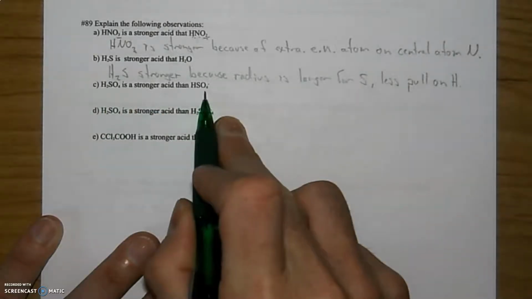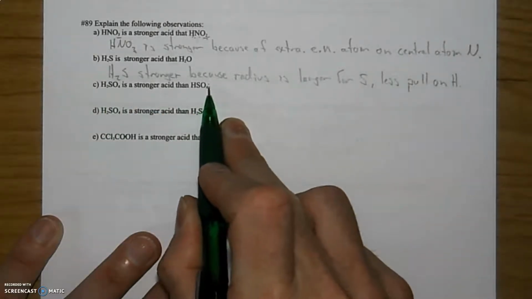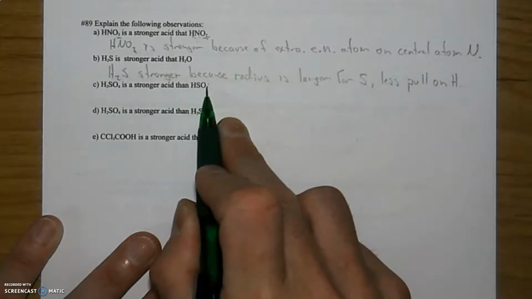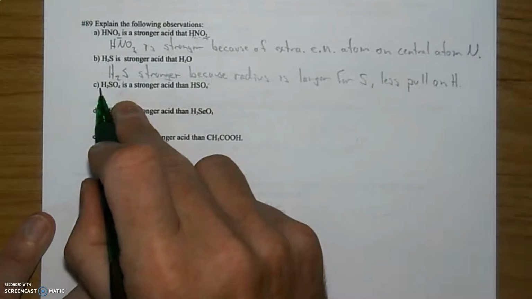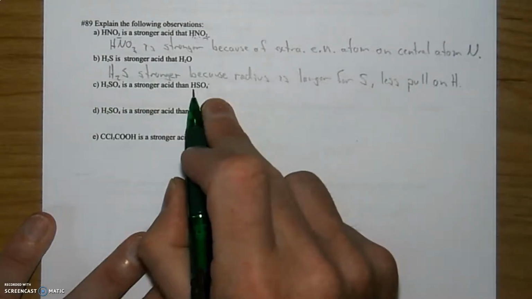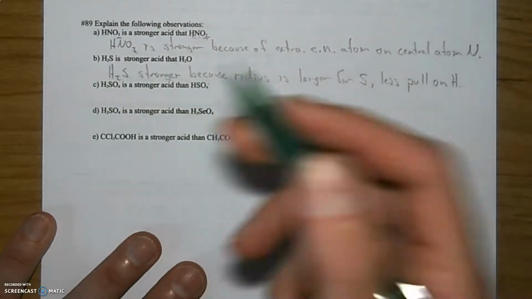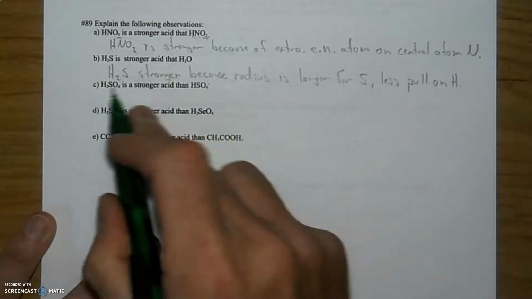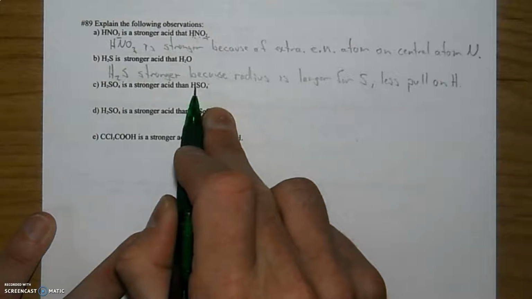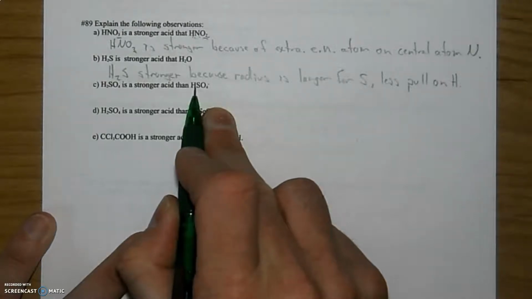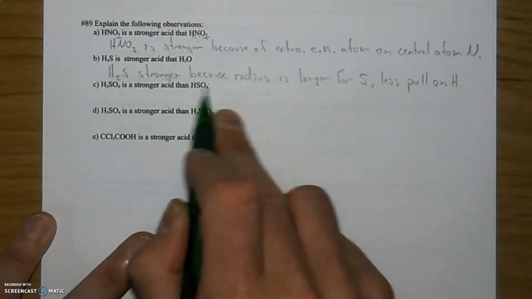H2SO4 is stronger than HSO4 minus. And the reason for this one is as you start pulling hydrogens away, the remaining hydrogens are held more firmly in place. In other words, when things are somewhat equal in regards to charge, but this one, the resulting remaining hydrogens aren't as free to pull away. Think of it as like magnets.